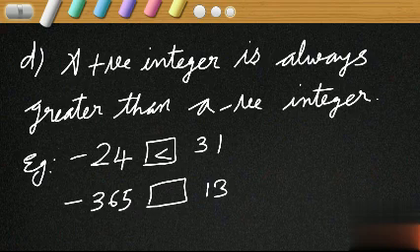So 13 means plus 13. So clearly whatever be the number or value, even if the negative number is 365, then also we know that you have to write 13 is greater than minus 365. Okay. Next one.